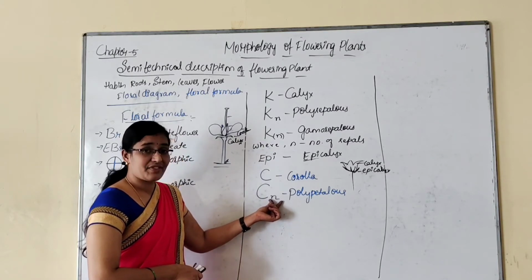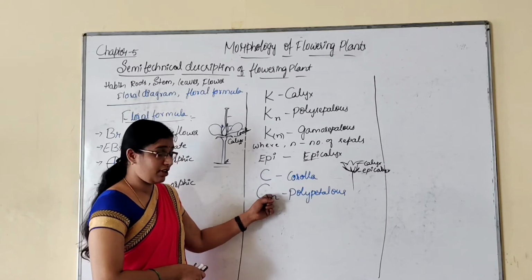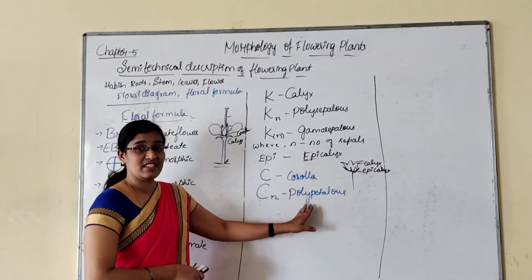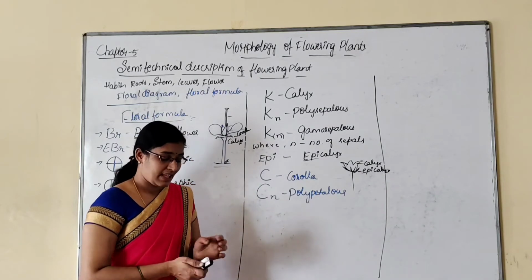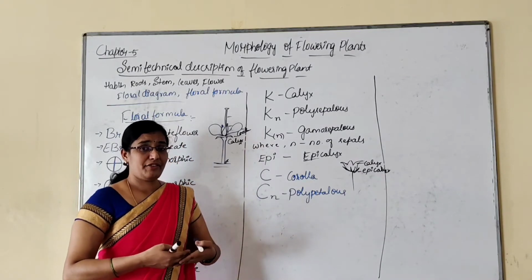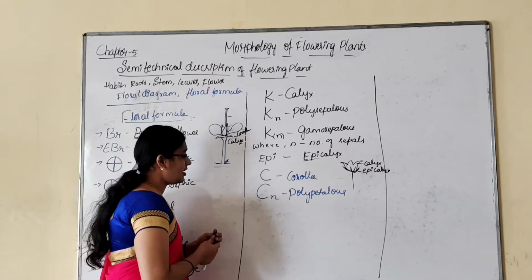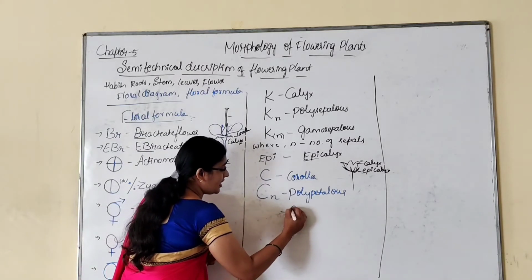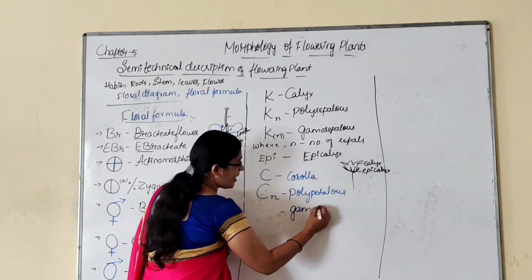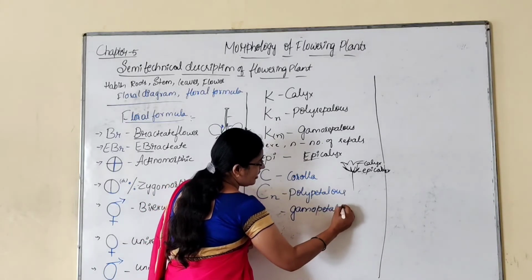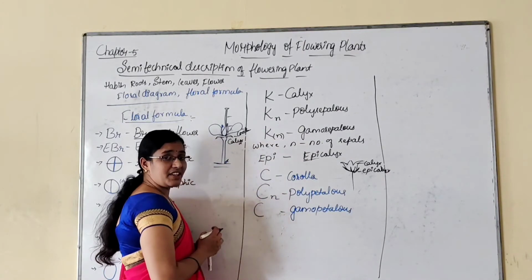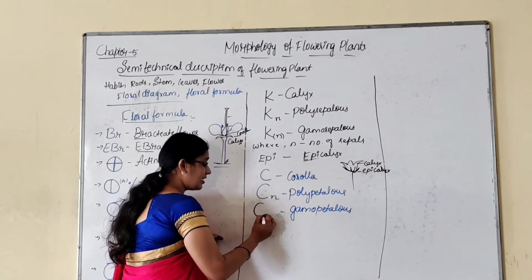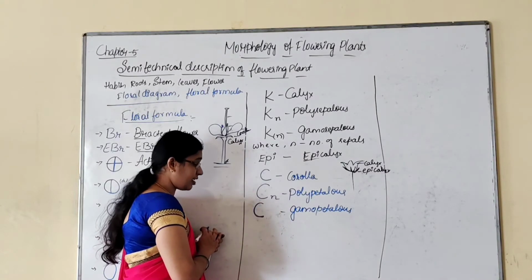So if N is freely written at the base, at the foot of the C, this condition indicates the polypetalous condition. If the petals are fused, that condition is called gamopetalous condition. How to write gamopetalous condition? C is the symbol for the corolla whorl.